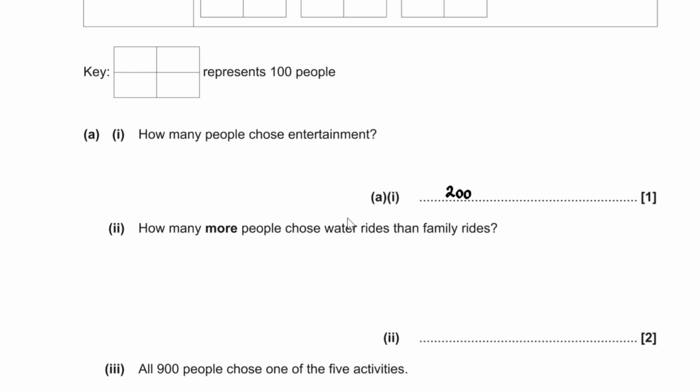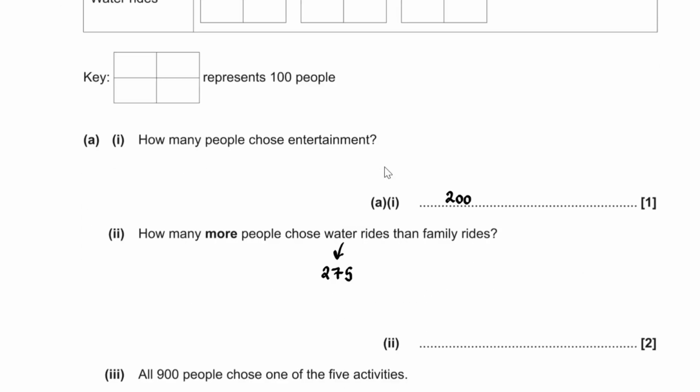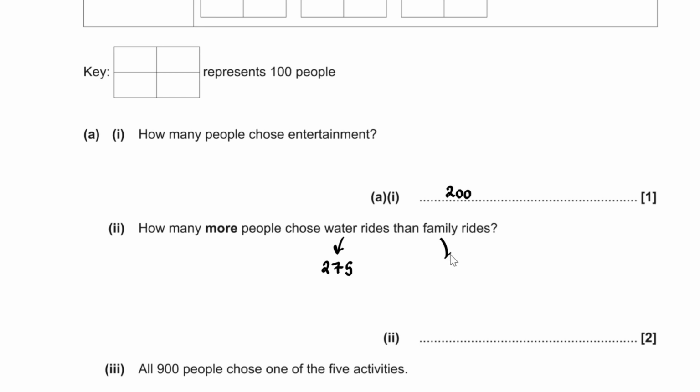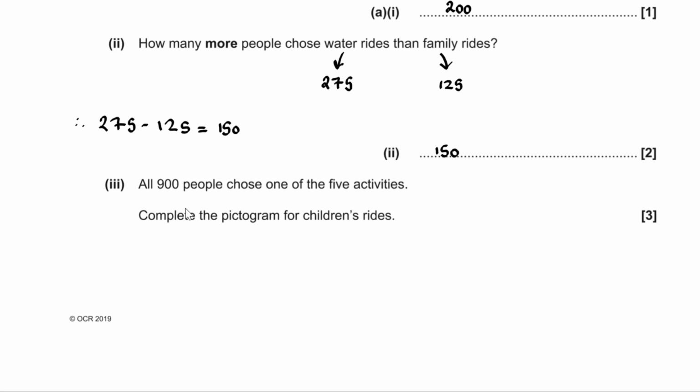So water rides, we've got 275, and for family rides, we've got 100 plus 25, which is 125. So now, the difference between these, 275 take away 125, that's 150. So we've got 150.